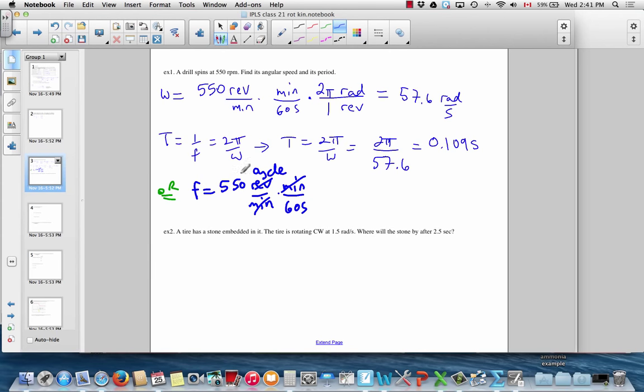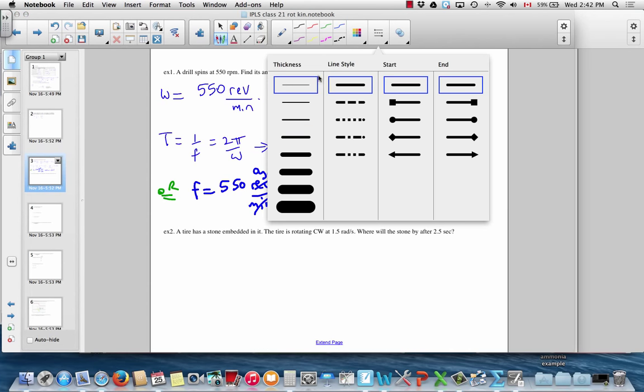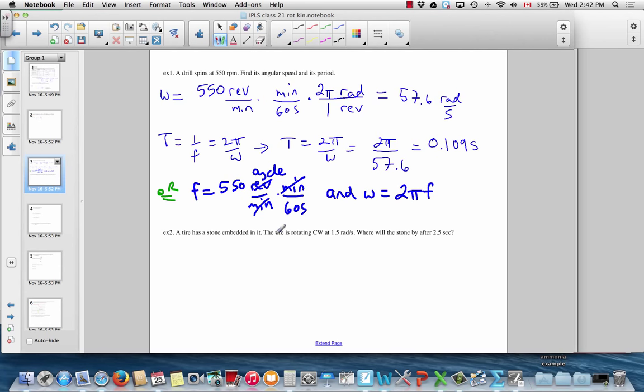So we could identify RPMs as a unit of frequency, and then to find omega, if 1 over f is 2 pi over omega, we would cross-multiply omega up and 2 pi up, and then we would find the rate of vibration, the angular velocity, in this way. So we would need to take this and multiply by 2 pi. But if you look up here, that's exactly what we did here. Here we were just treating it as a unit conversion. Here we're identifying RPM as a unit of frequency and then multiplying by 2 pi to get omega. Mathematically, they end up equivalent, and there's just a small difference, I suppose, in the thinking that underlies those approaches. And you should be comfortable with both of those.